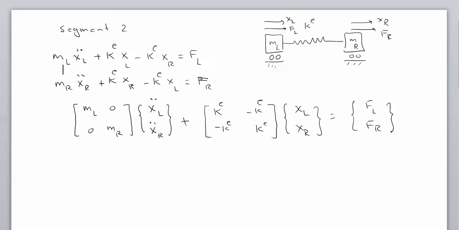Notice that this is a very nice compact form. This is called the mass matrix. This is called the stiffness matrix. This is the acceleration vector.